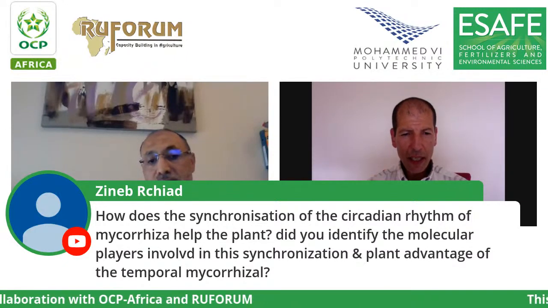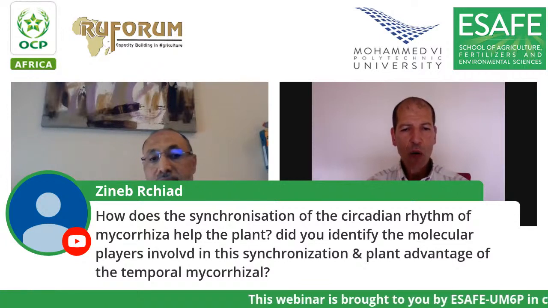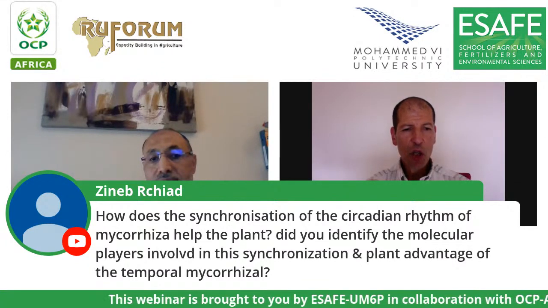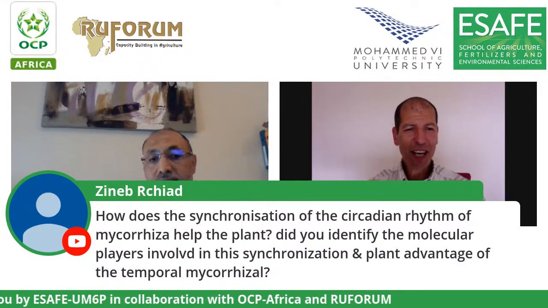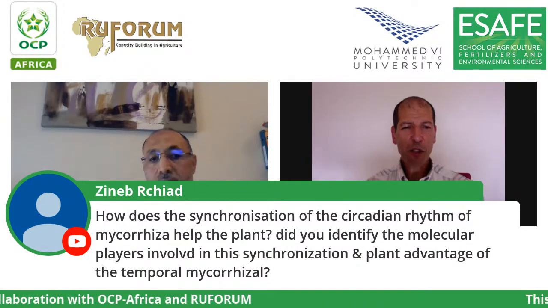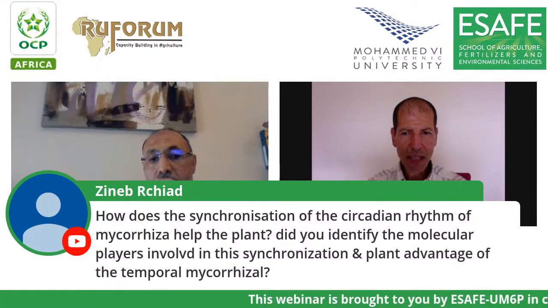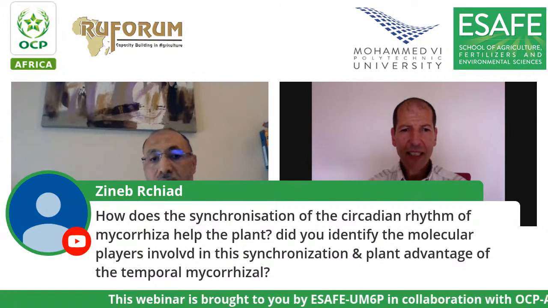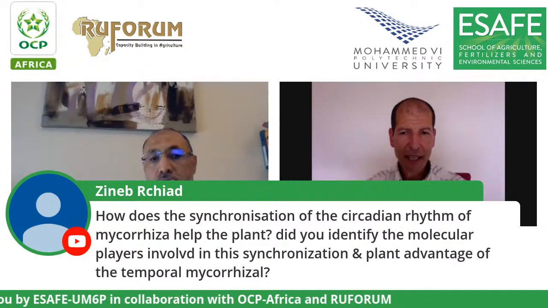Well, no, we don't have any evidence yet. However, I will say the opposite. The mycorrhizal fungi try somehow to synchronize their circadian rhythm with that of plants. The plants have very sophisticated photoreceptor systems that sense the sunrise and sunset.